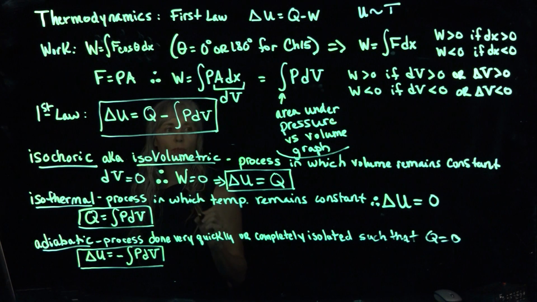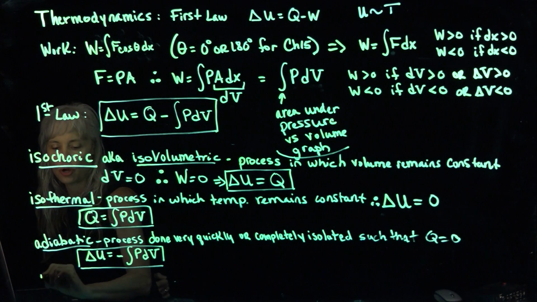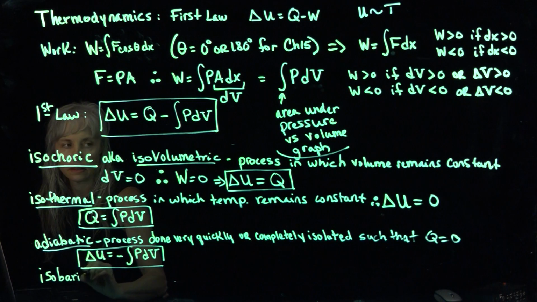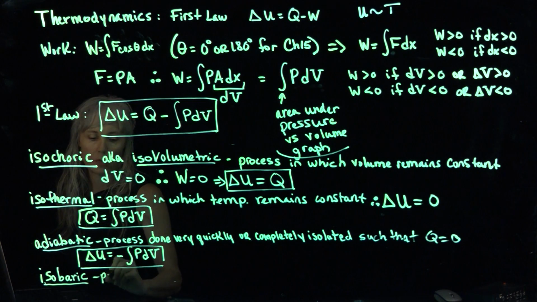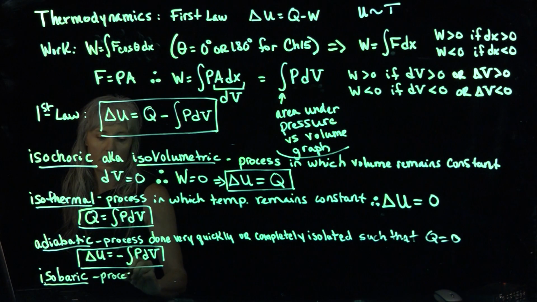The last process we're going to consider is called isobaric. And an isobaric process is a process by which pressure remains constant.